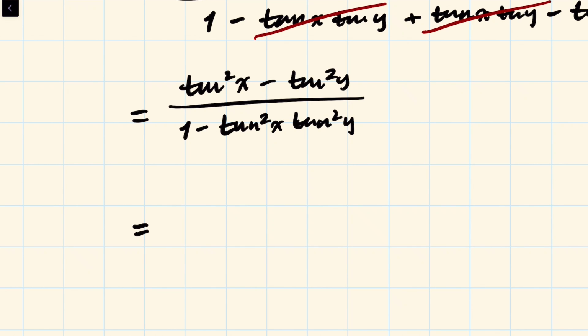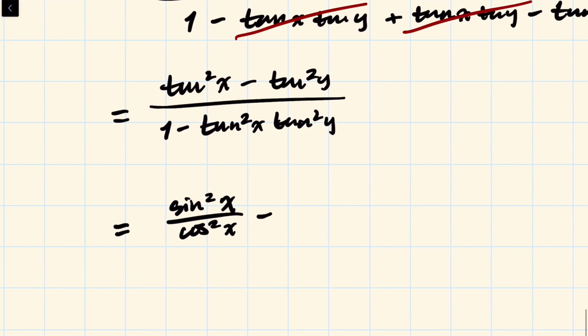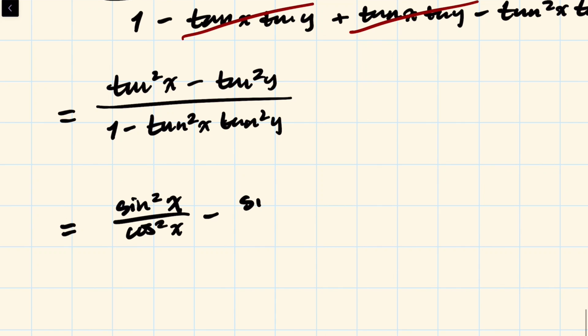We will do sine squared of x over cos squared of x, because that's tan squared of x. And then we'll subtract. I would do the same thing to this one. Oh, this is actually y.